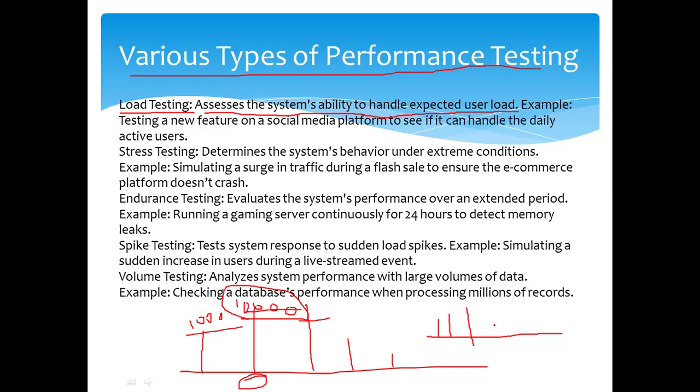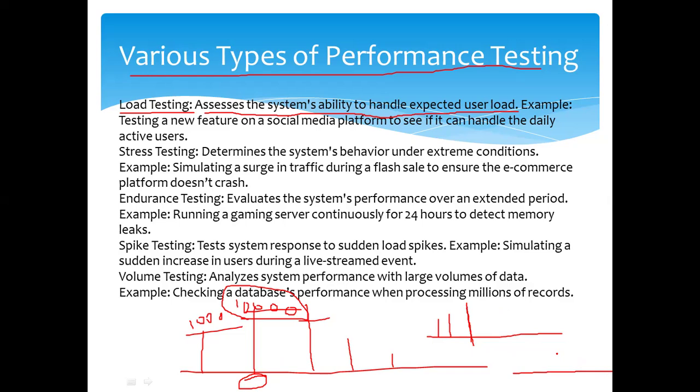But if production is live and they ask us to do performance testing, we should ask all these questions: when is the peak day, and from the peak day, the peak hour, and from the peak hour, the concurrency. Concurrency means, in a particular peak hour, how many users are logging in to their application parallelly.